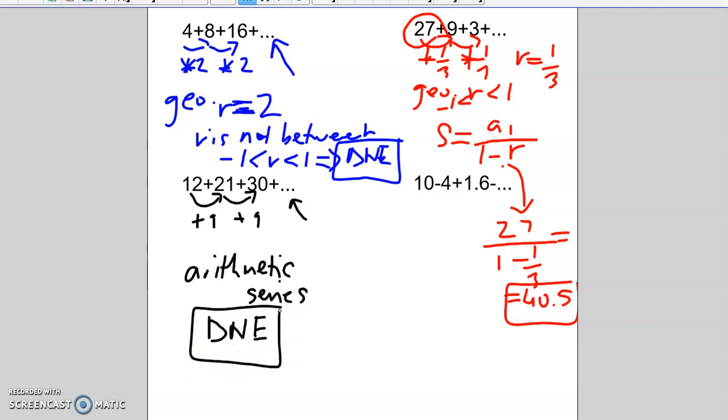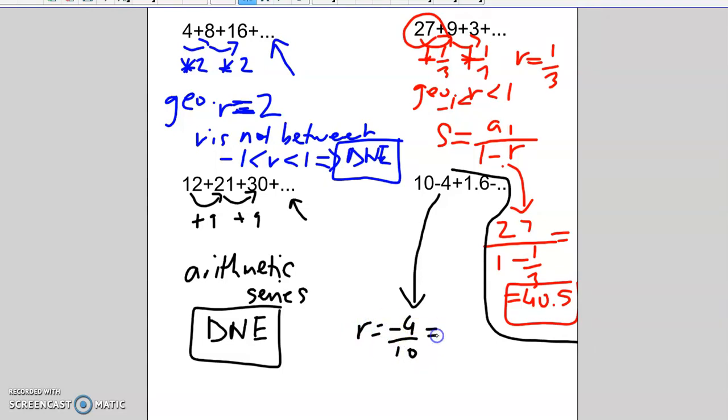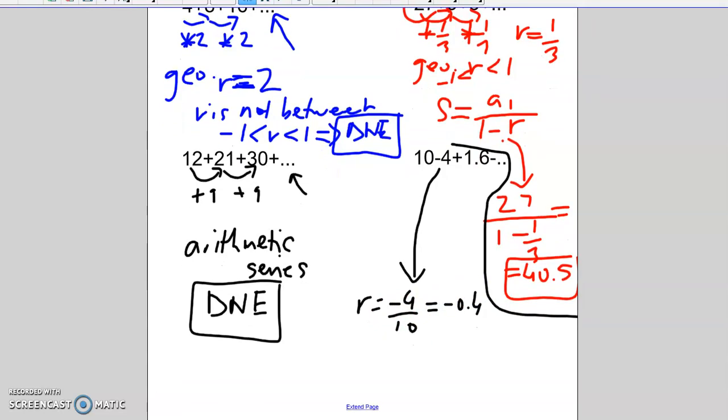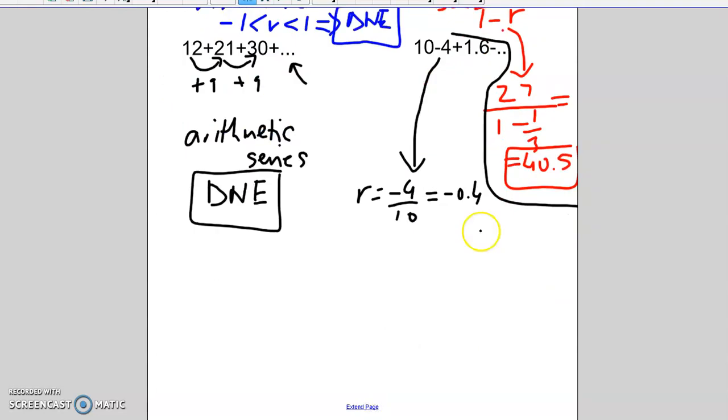Okay, and then the very last one here, we've got 10 minus 4 plus 1.6. I can use the successive terms here. -4 divided by 10 is -0.4, so my r value is -0.4, and that is in between -1 and 1. -0.4 is greater than -1.